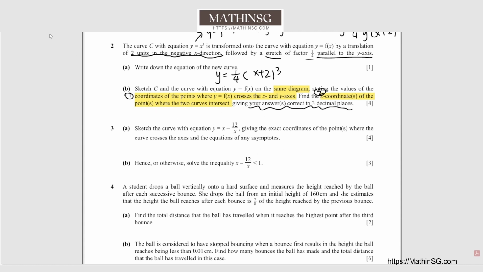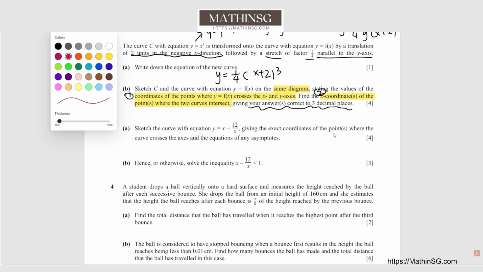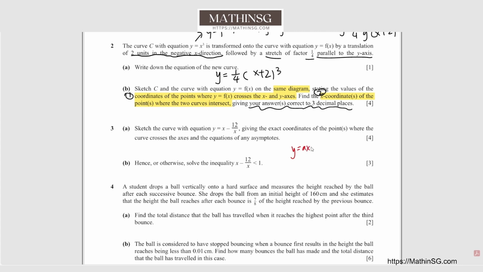So by looking at this graph, we know that there are two asymptotes, right? Whenever you have a graph of the form y equals ax plus b plus c over dx plus e, then we know that we have an oblique asymptote that occurs here.